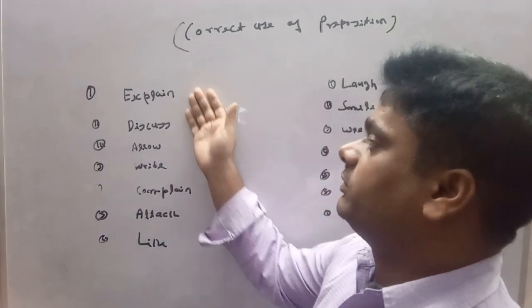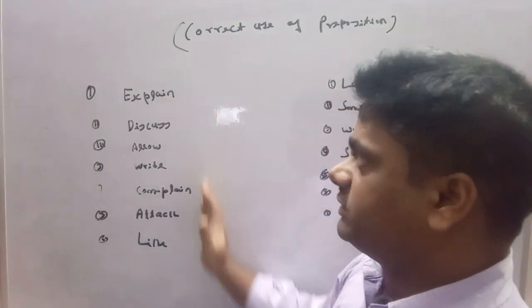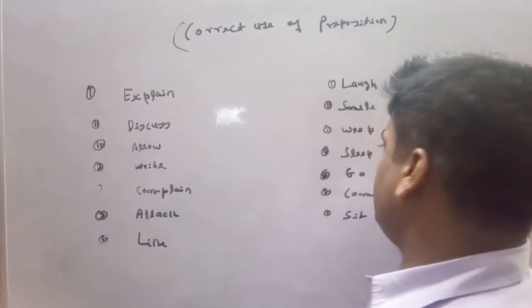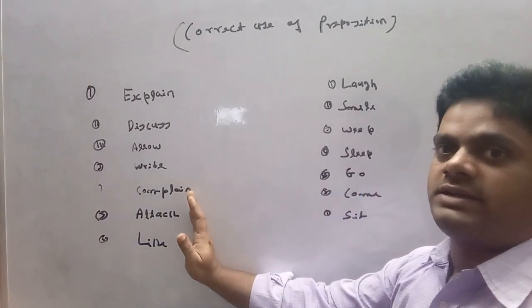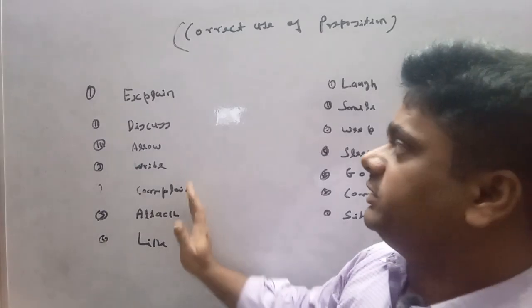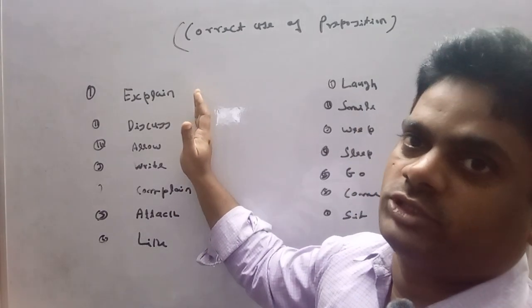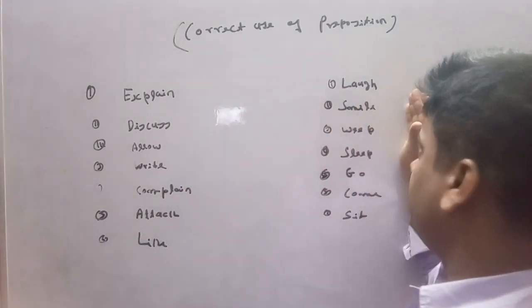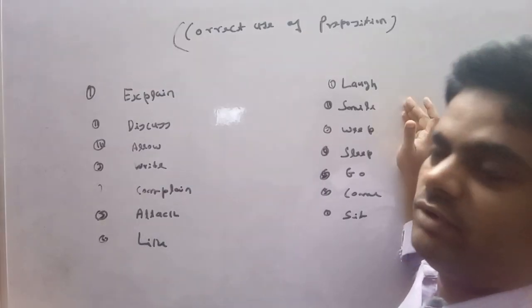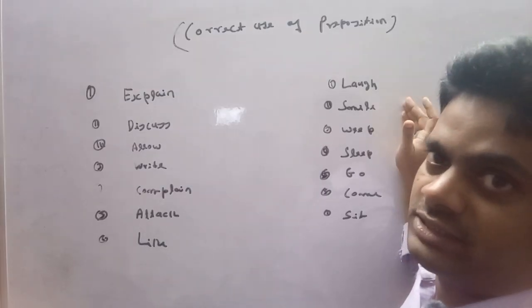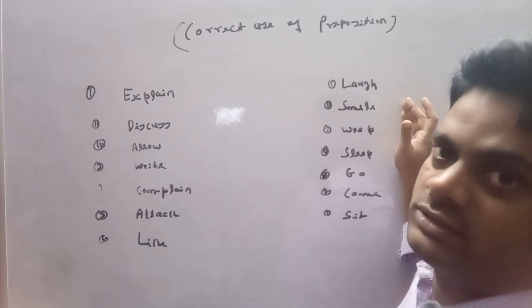These are the transitive verbs and these are the intransitive verbs. Transitive verbs do not require any type of preposition, they need only their object. But intransitive verbs always need a preposition to associate them with another part of a sentence.